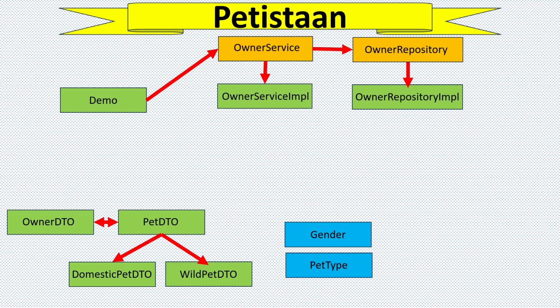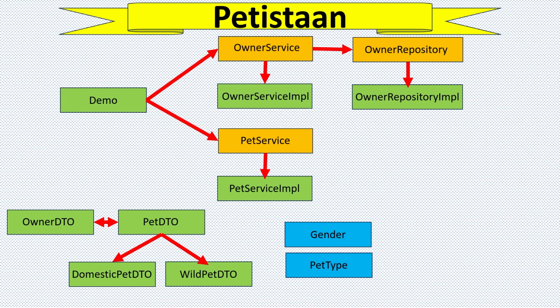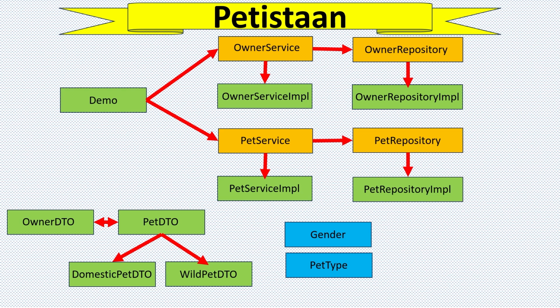Again, as I mentioned, the OwnerRepositoryImpl is not going to have any methods which are linked with the actual database. Instead, it is just going to have a list where we are going to add the owner, from where we will be retrieving the owner, deleting the owner, and updating the owner. Then this is only related with the owner. Same things we need to have for the pet also. PetServiceImpl, PetRepository, and PetRepositoryImpl.